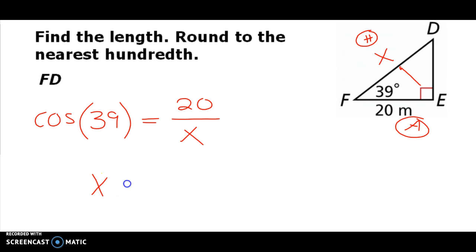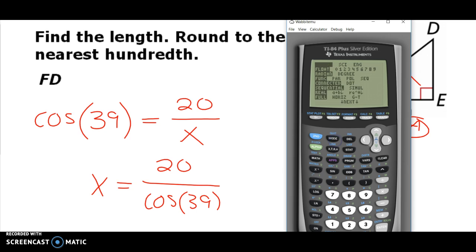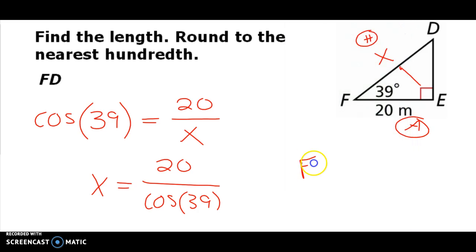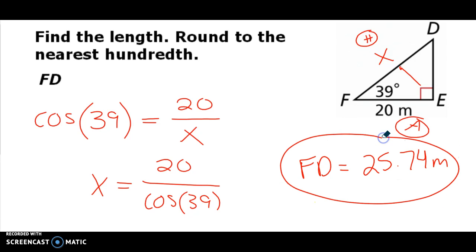So x goes to the left, 20 stays where it is, cosine of 39 goes to the bottom, and that can be typed into your calculator. 25.74. What you got? Awesome. So FD equals 25.74 meters. That is your final answer.